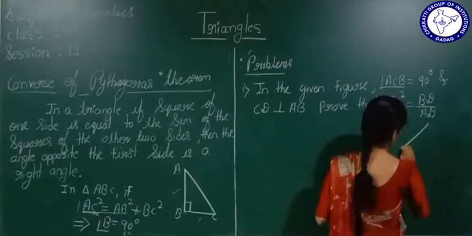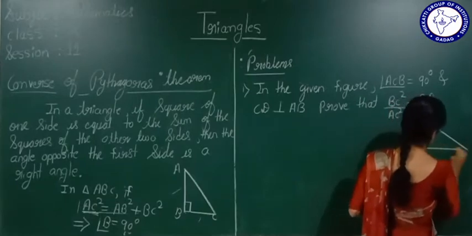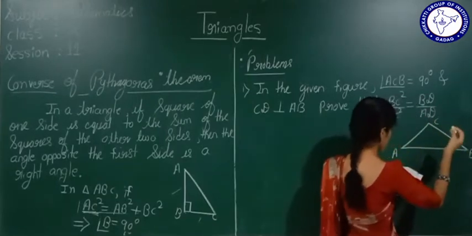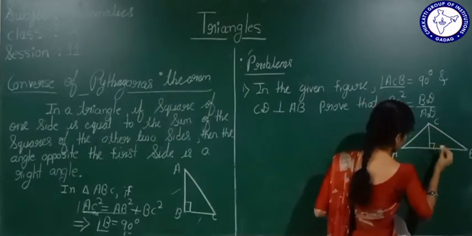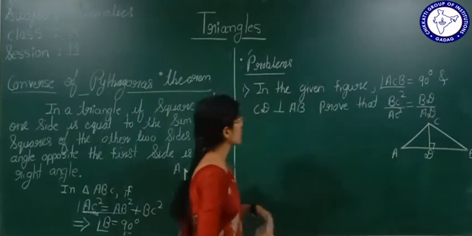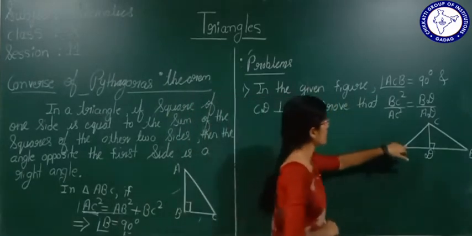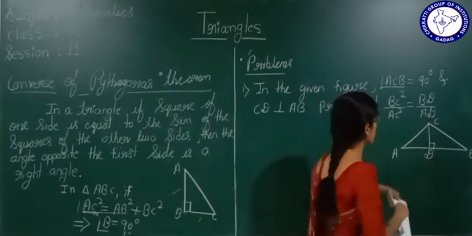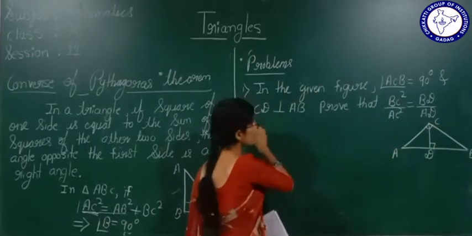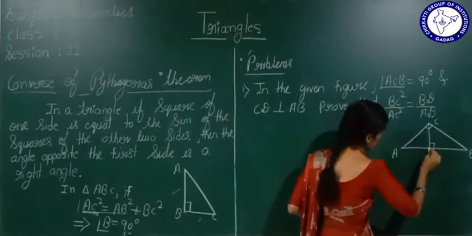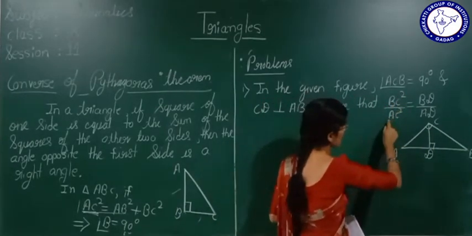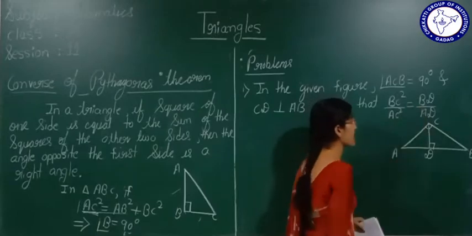So the given figure is triangle ABC, and in the given figure angle ACB is equal to 90 degrees, and CD is perpendicular to AB. Prove that BC square by AC square is equal to BD by AD.